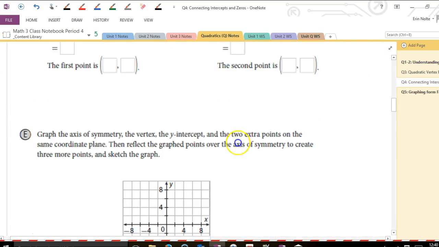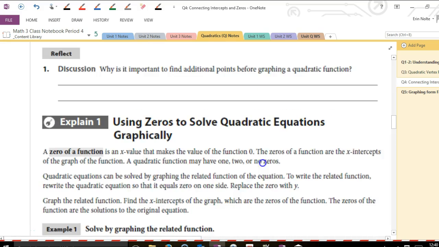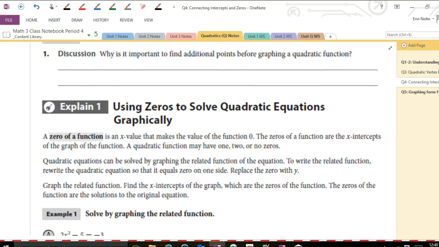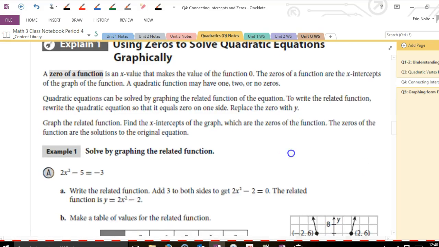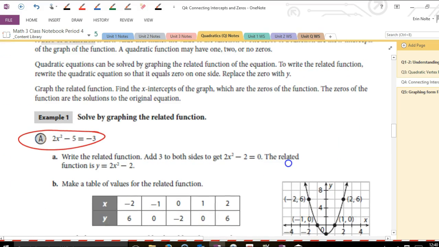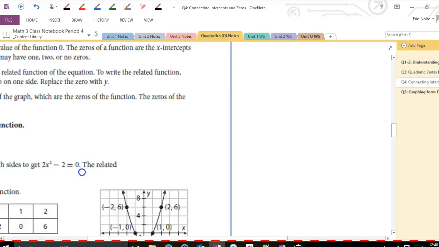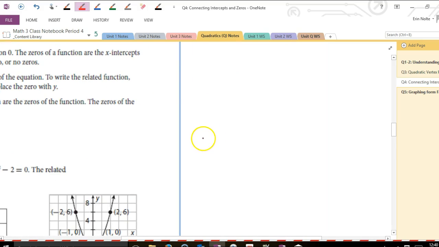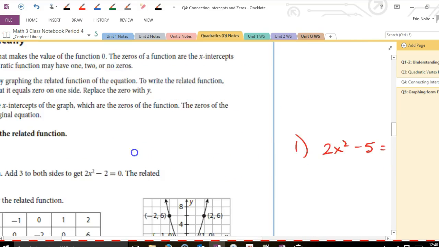Now the second part of this is using zeros to solve quadratic equations. We are going to take this piece and solve an equation by graphing it. I'm just going to slide this over here. So we have 2x squared minus 5 is equal to negative 3.